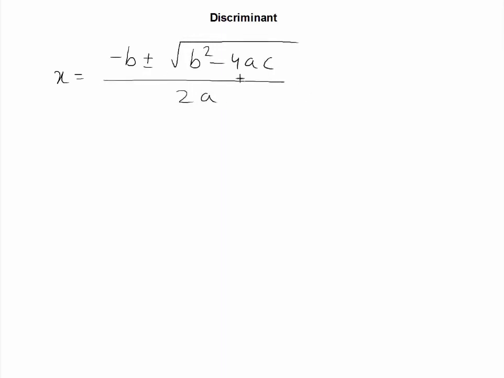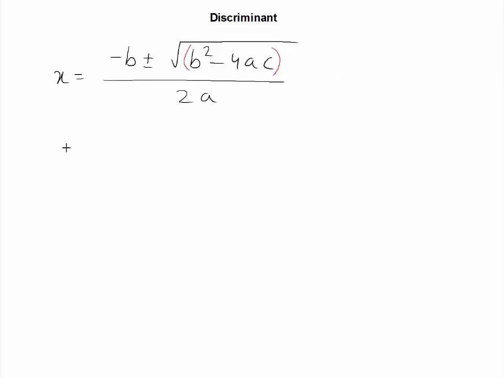We have also seen that this value b square minus 4ac helps in deciding whether the roots would be equal, unequal, real, imaginary, etc. So essentially, the value of b square minus 4ac becomes important to us in the sense it will help us decide whether the roots will be real, imaginary, equal, unequal, rational or irrational.